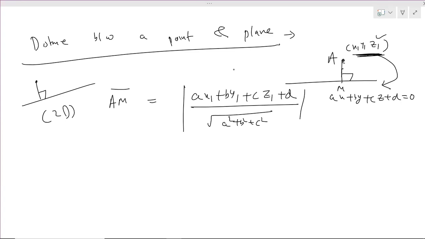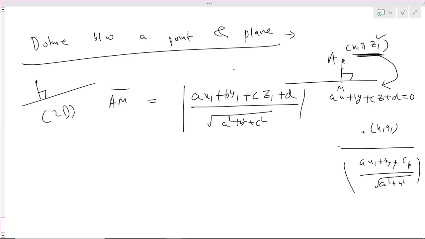So can anyone tell me the distance of a point from a line in 2D? What will be the formula? AX1 plus BY1 divided by root of A square plus B square. Right, you forgot a C, right? AX1 plus BY1 plus C, right? Yes, sir. Very good.